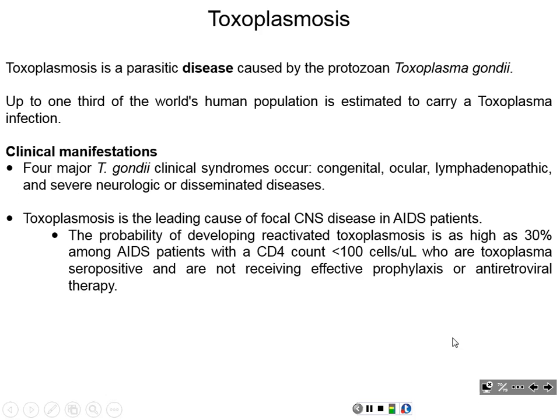So Cryptococcus is the leading cause of fungal meningitis, Mycobacterium tuberculosis is the leading cause of any opportunistic infection in HIV patients, AIDS patients. Toxo is the leading cause of focal CNS disease. So this is going to be an abscess once it gets into the brain.